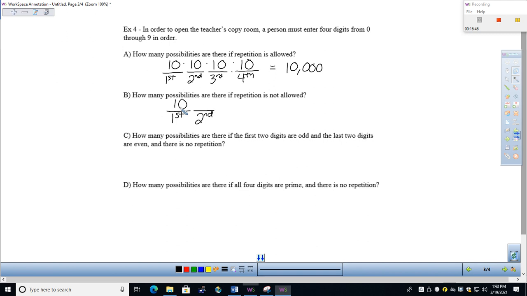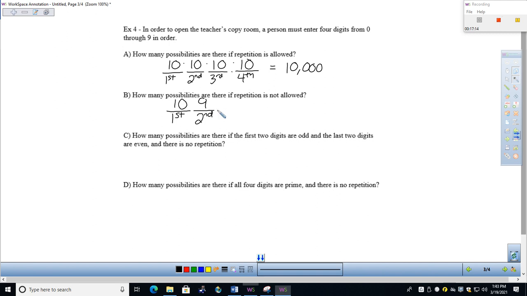So the first one is already in. So now that the first one is in, there are only 9 digits left that can be possible.